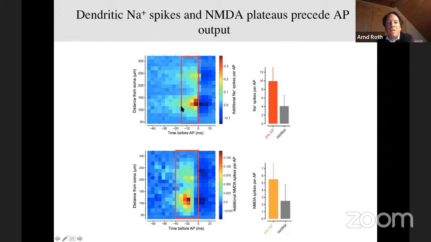There's simply more dendritic branches at these distance ranges. And so on the order of 6 or so extra spikes that we see before an action potential, and a similar number, but no, half that number roughly, for extra NMDA spikes that we see.